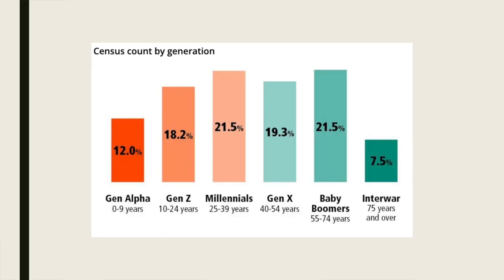The other thing that we get from the census that tells us about demographics is the age that people are. So you can see here you've got generational data, and you can see that the majority of Australians are either millennials or baby boomers.